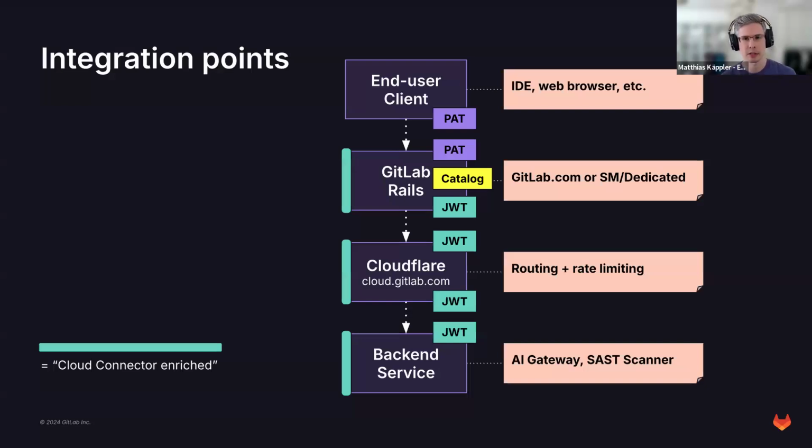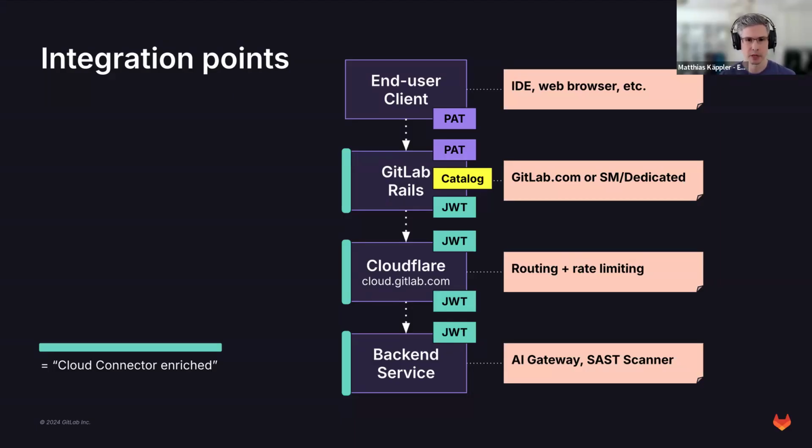And what we do is, after the user is authenticated against any GitLab instance, be that on .com or in a self-managed environment, we translate this to a new kind of token, which is a JSON Web Token that is Cloud Connector specific. We attach it to any request that goes in the direction of upstream backends connected through Cloud Connector. We do not actually contact individual Cloud Connector backends individually from a Rails instance.